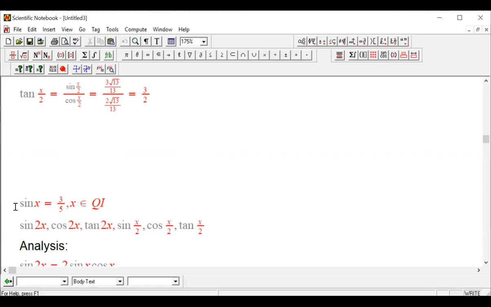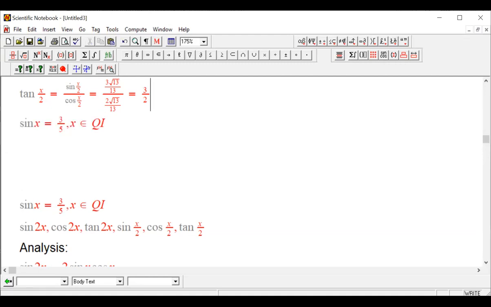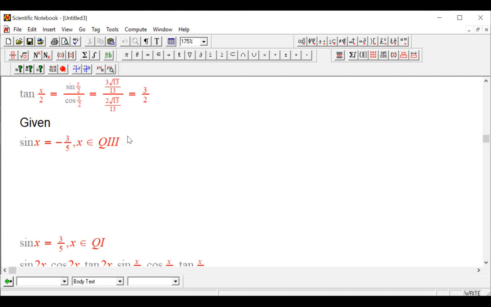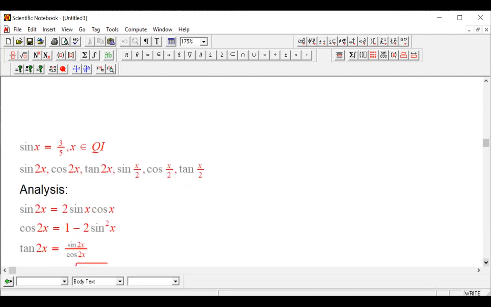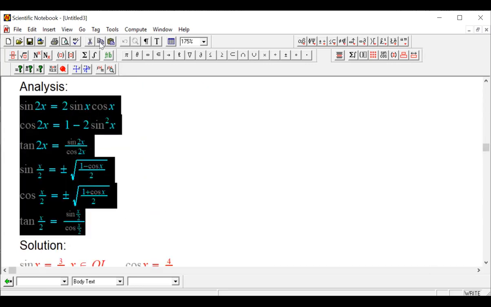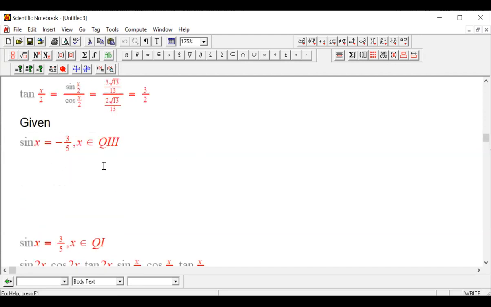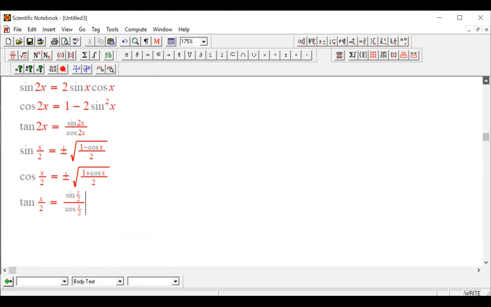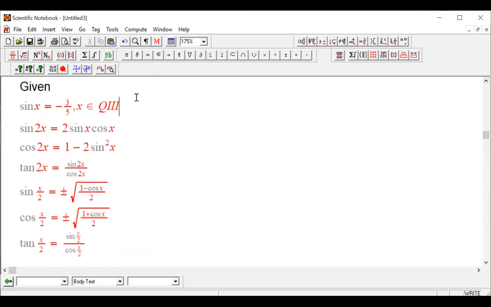So this time, the question, given, sine is negative and the terminal is in the third quadrant. Okay, our goal is still the same, to find all of these. Right now it has become pretty much routine, right? And we know that we need to find cosine x from the given information.